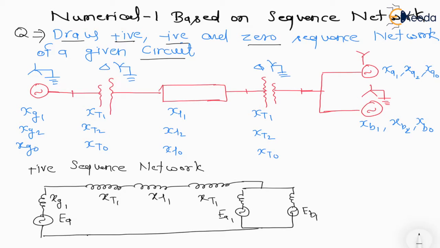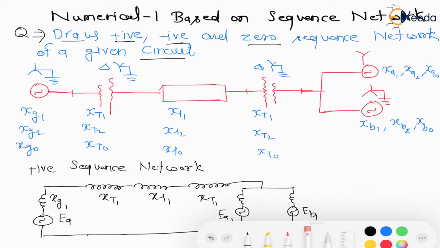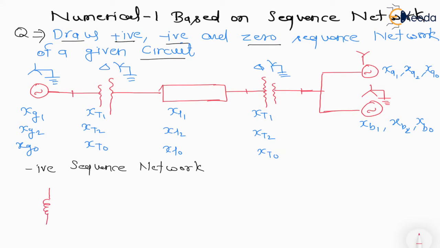And now if we draw the negative sequence network, what we will do is only remove the voltage of the generator and directly write all the impedance values. So when we draw the negative sequence network, we will not draw the voltage for the generator.